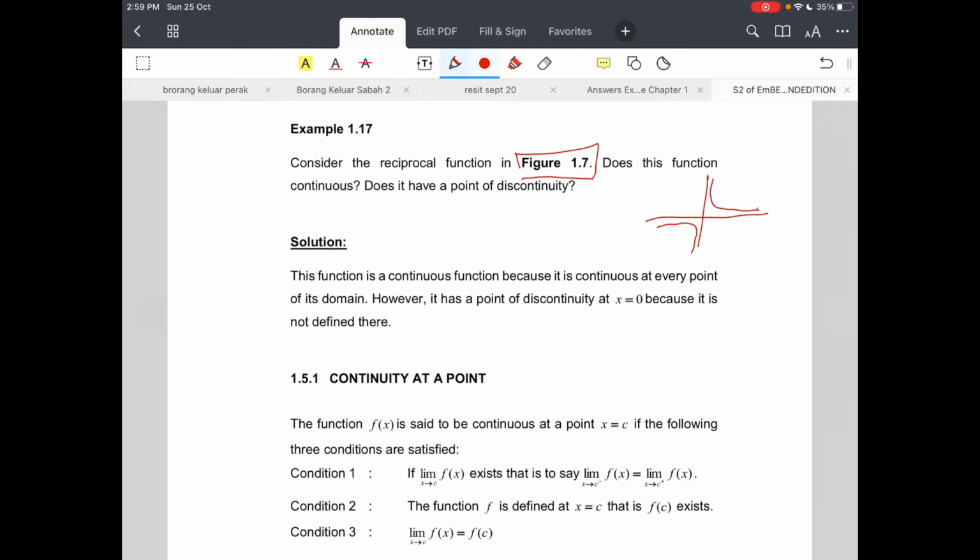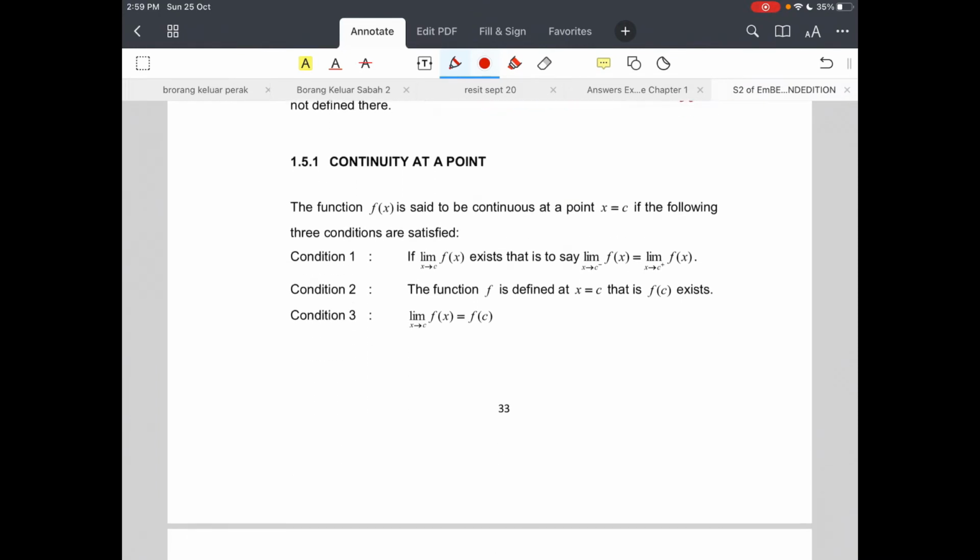Basically it is continuous at every point here, but it has a point of discontinuity at x equals 0. At x equals 0, this goes straight to positive infinity, this goes down to negative infinity, and it is not defined at x equals 0.